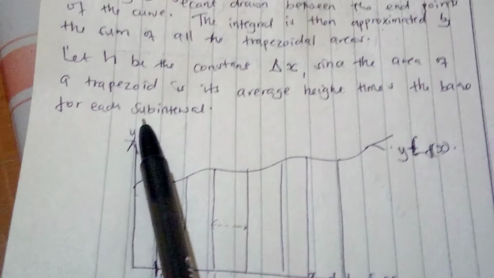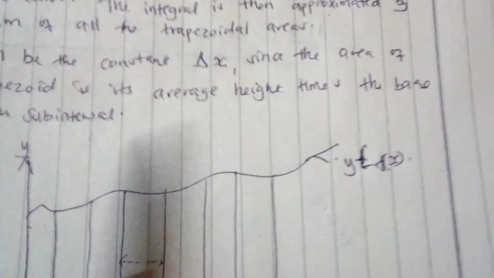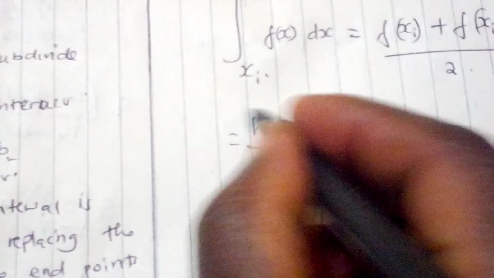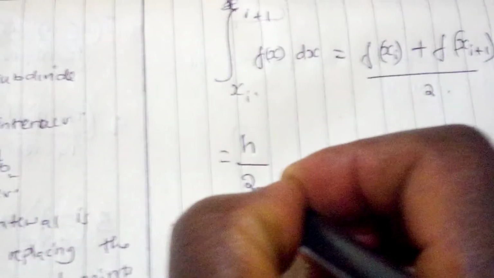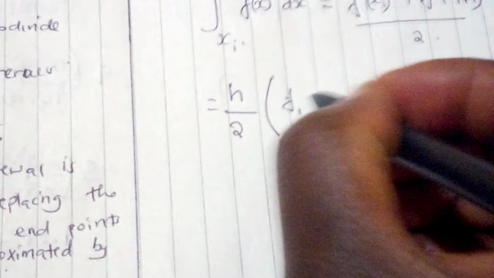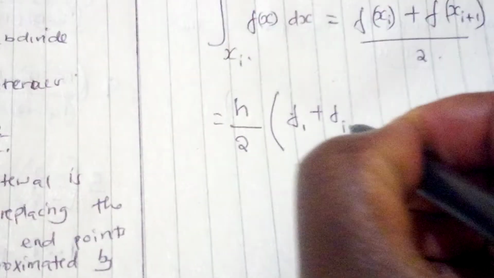So we are being told, times the base for each subinterval. We've been told that the area is given by its average height times the base of the interval. So the average height is h over 2, or divided by 2, and you multiply by the base. The base is given by f_i plus f_{i+1}.